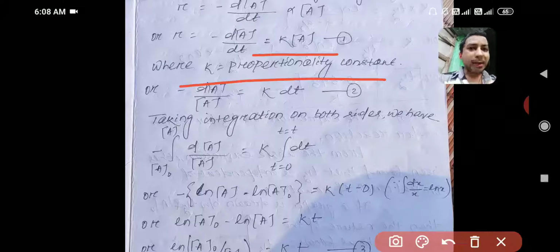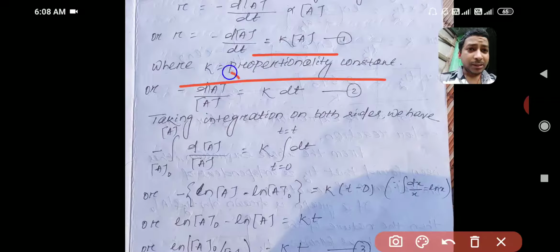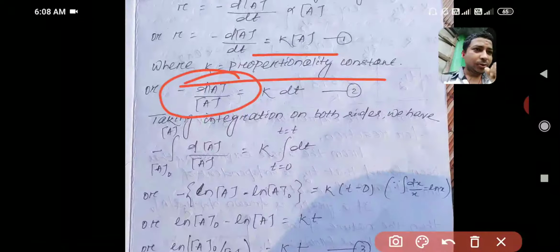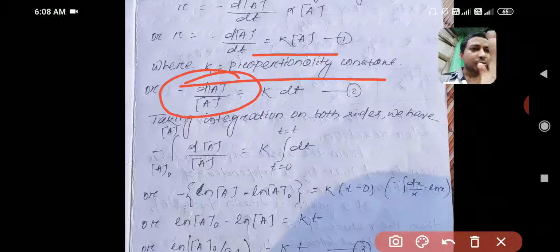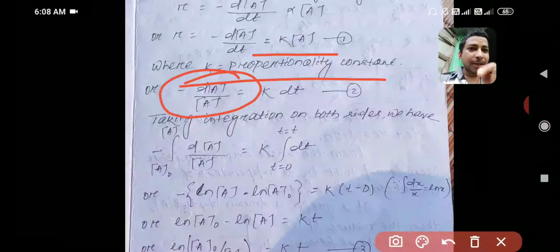Or we can write equation 1 as minus dA by A, taking the same concentration terms to one side. Minus dA by A is equal to K dt.